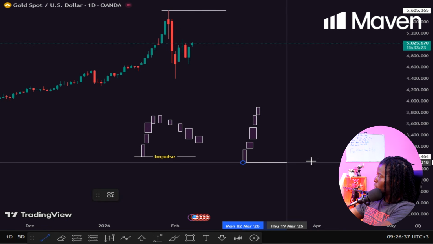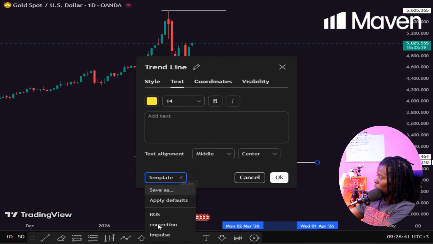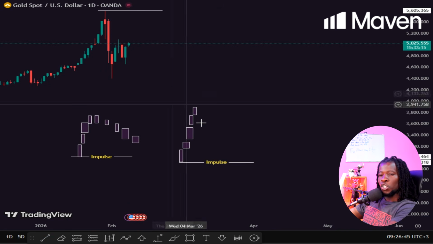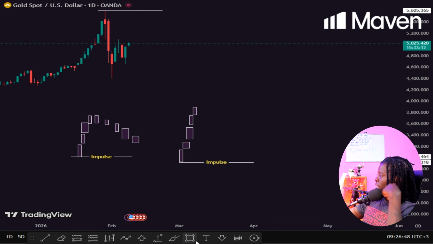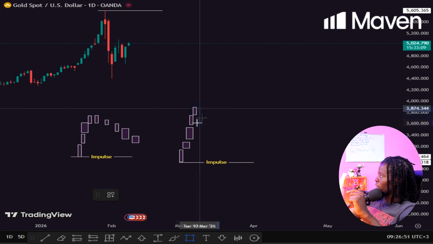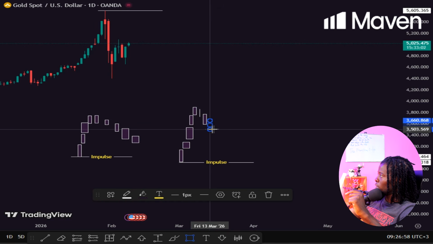We've marked that level as the beginning of the impulse as usual, so that you don't forget. Have that template right there. And then all of a sudden price does this. Look at the angle right here. Notice the difference right there.